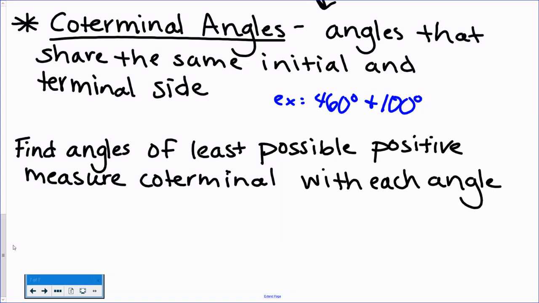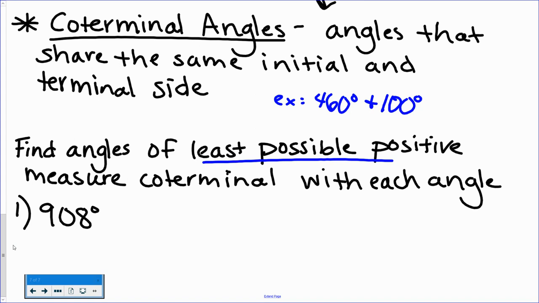All right, so for example, if I gave you 908 degrees, sketching that's a little bit annoying, right? We're going to go around a few times. The more important thing that we'll want to use with something like that would be the least positive possible coterminal angle with 908 degrees, because that's going to show you actually where you would need to sketch it.